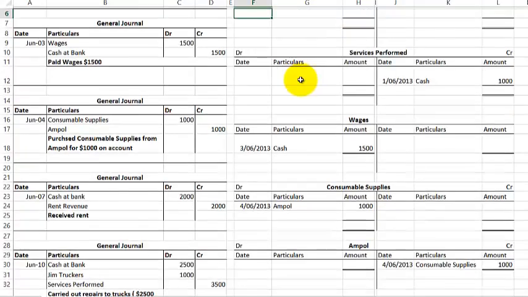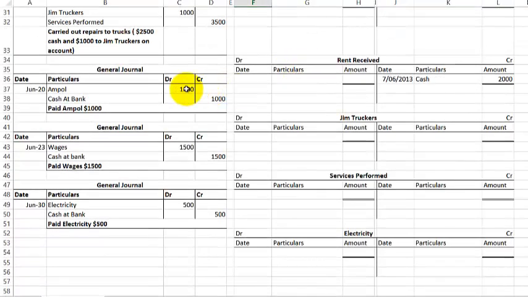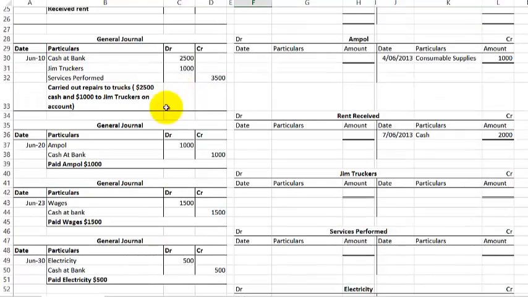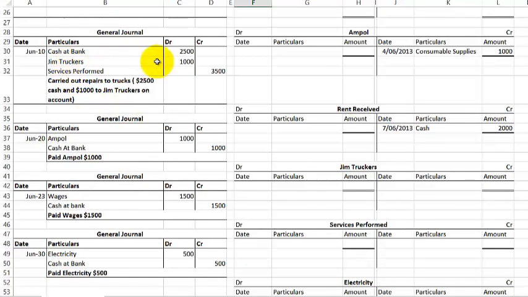I'm going to scroll back down here. We've got a debit Jim Truckers for $1,000, so let's do that. That's there. For services performed, $1,000.